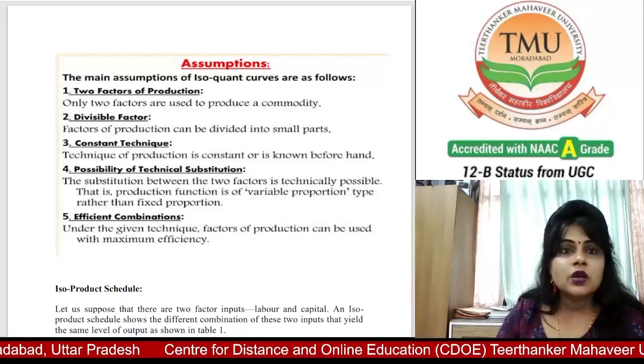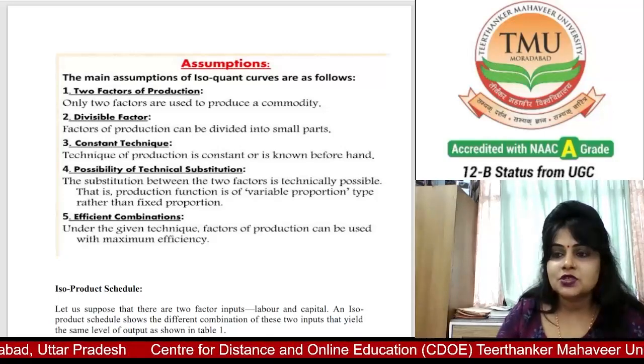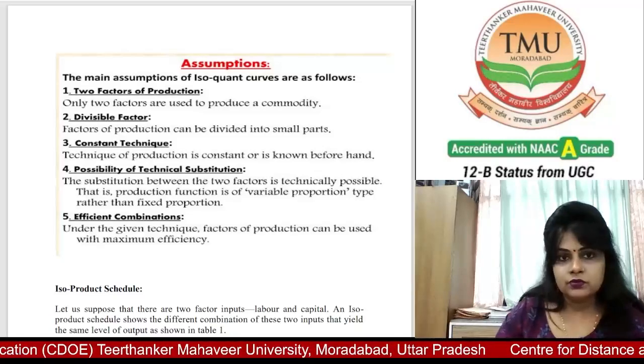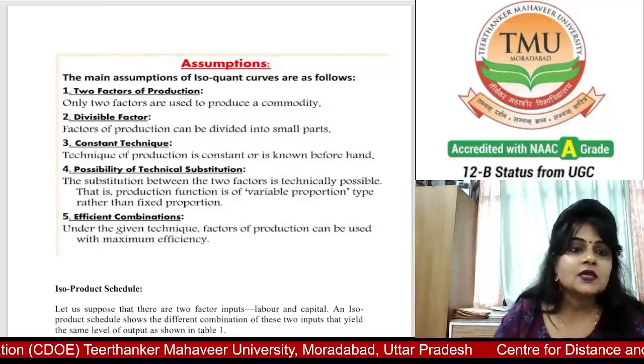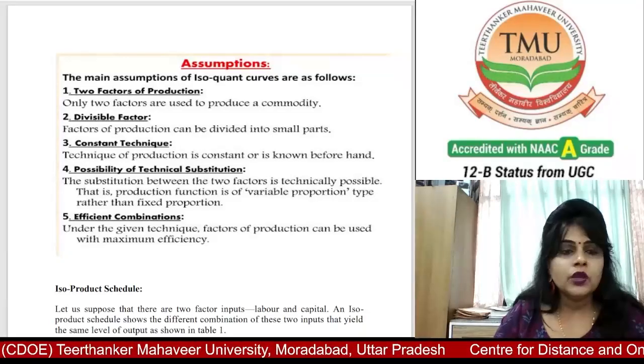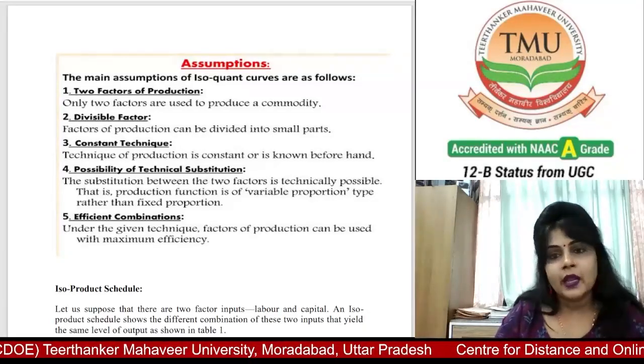So the isoquant has all these assumptions. So with these assumptions, it is clear that there are only two factors, two inputs: labor and capital.